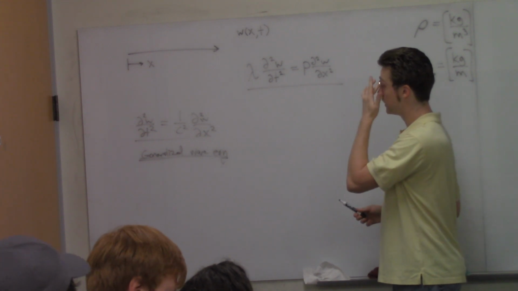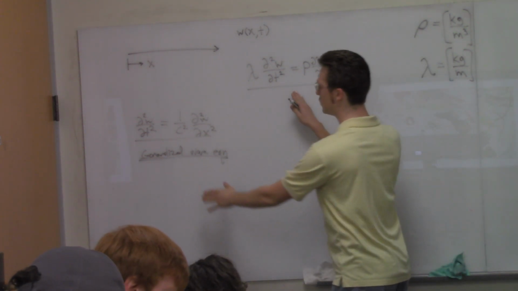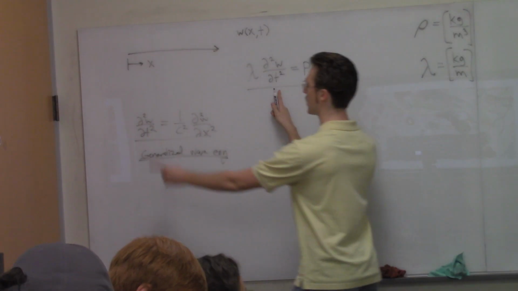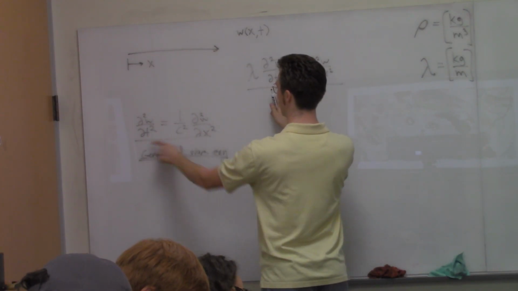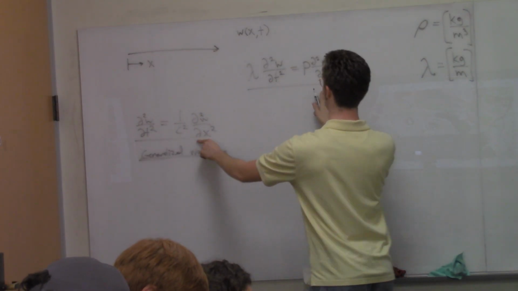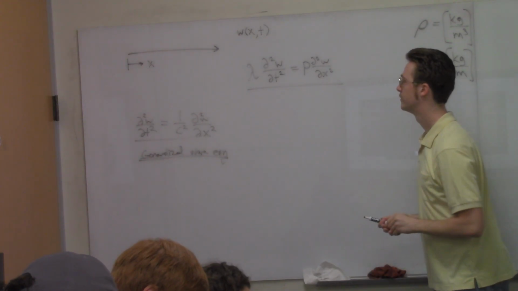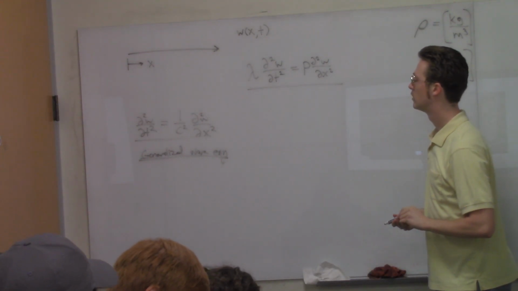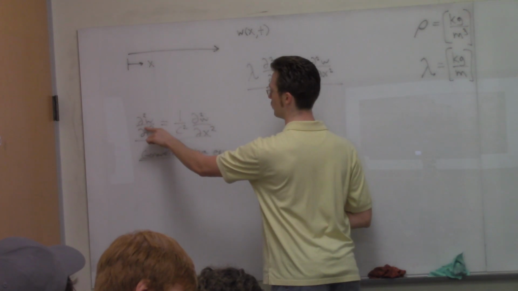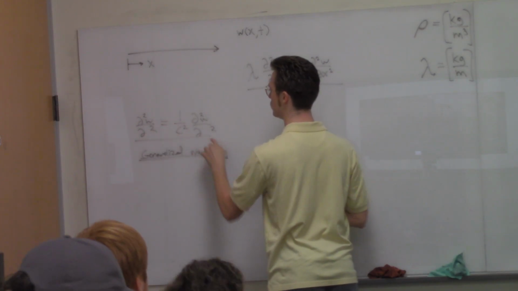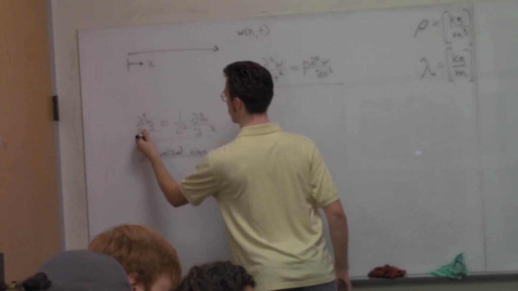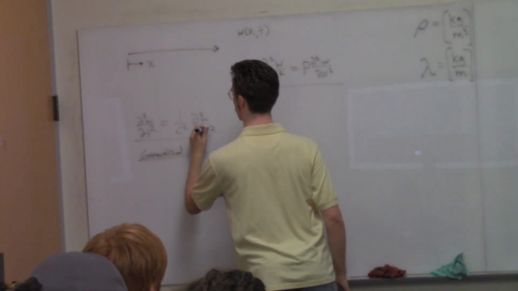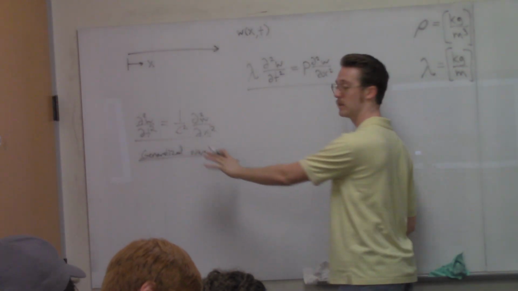If we take a look at the form of both of these PDEs, we see that they're both second order in time and second order in space. I knew I was going to write that backwards. Sorry about that. This really isn't that important.